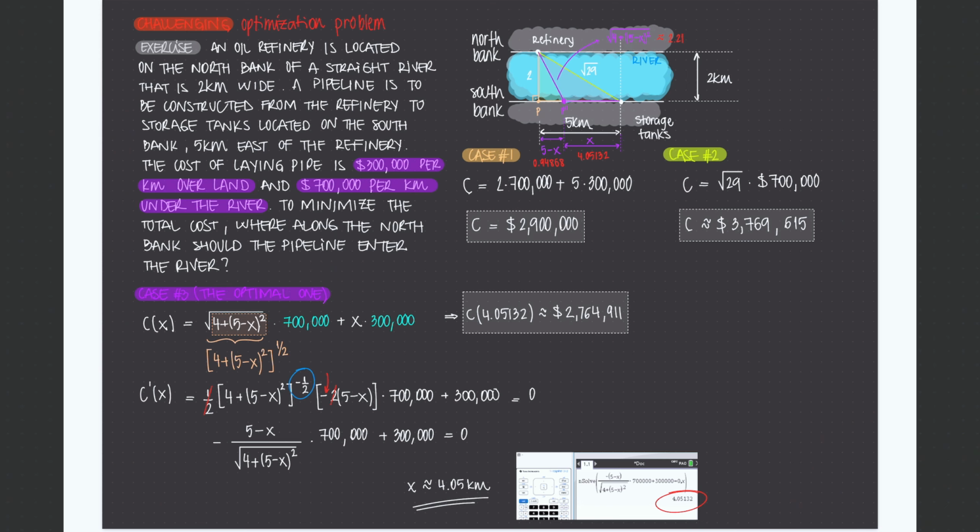Given that we have roots over here, finding the second derivative would be a little bit painful. Therefore, maybe for this exercise, you can stick to the first derivative test. Use your x value, the critical point, and build a number line using the derivative with that point.